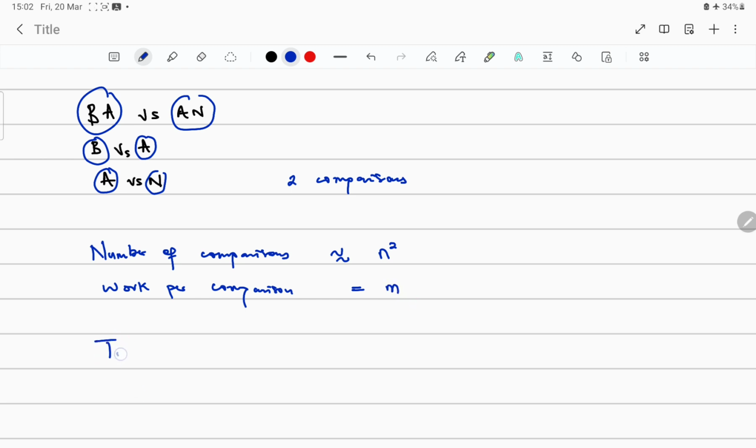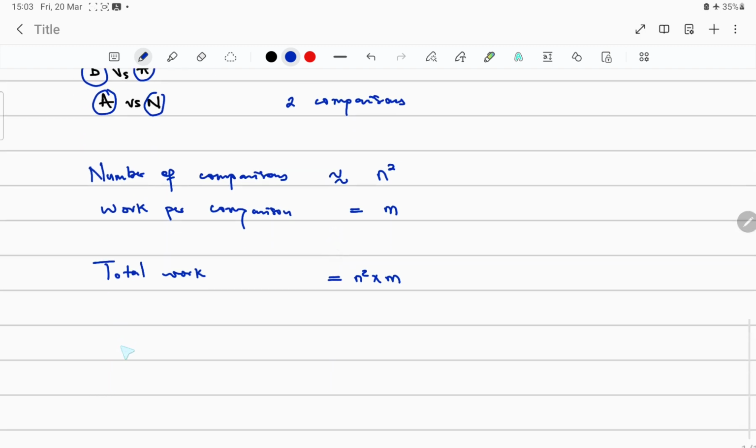Total work is equal to n squared times m. So total work becomes of order n squared m.